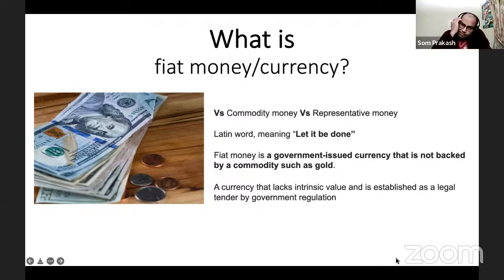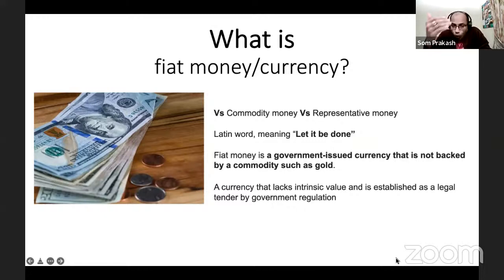So fiat money, what does fiat mean? It's a Latin word which means let it be done. This is usually from the Roman era, and the Romans used to issue a decree.